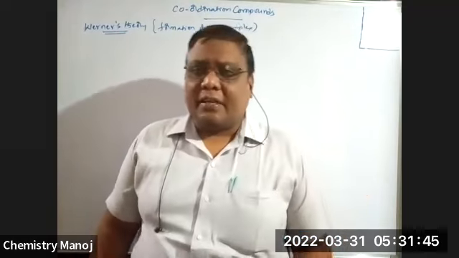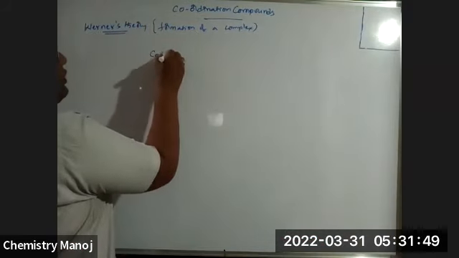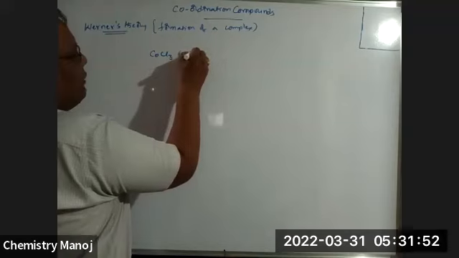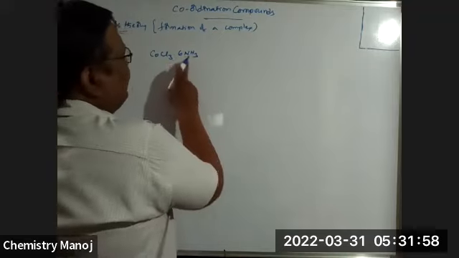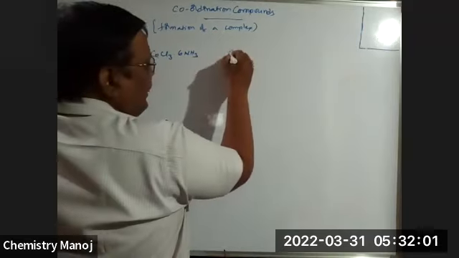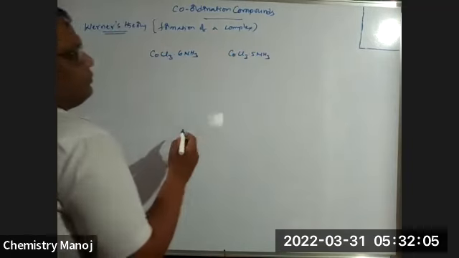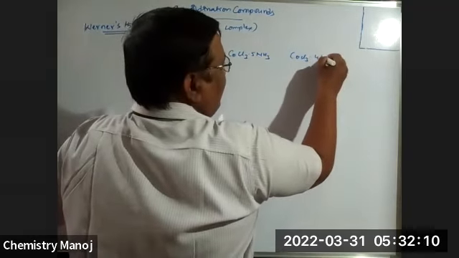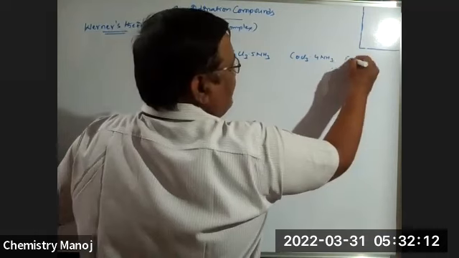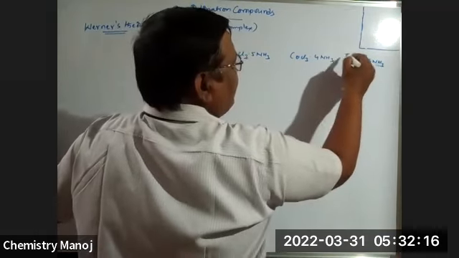See here, let us take an example. CoCl3·6NH3, my dear. This is one of the complexes. Like this, I'm replacing: CoCl3·5NH3 also exists, CoCl3·4NH3 exists, CoCl3·3NH3 also exists.